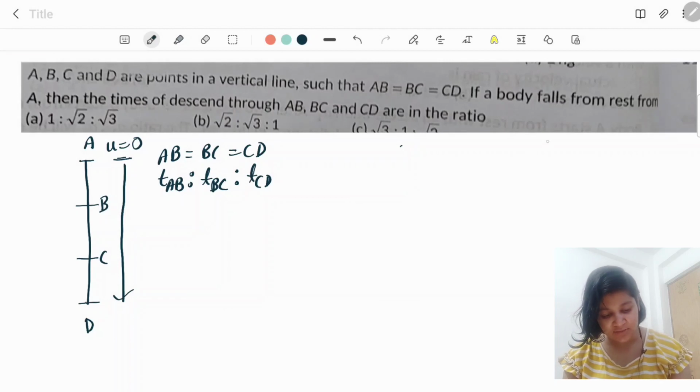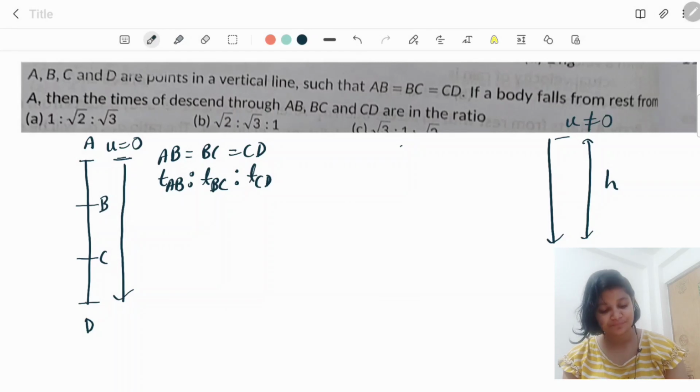Another equation that we have to remember is the time taken in traversing a distance or a height of h when the initial velocity is not equal to 0. So we know that the distance traveled is the velocity multiplied by the time taken.